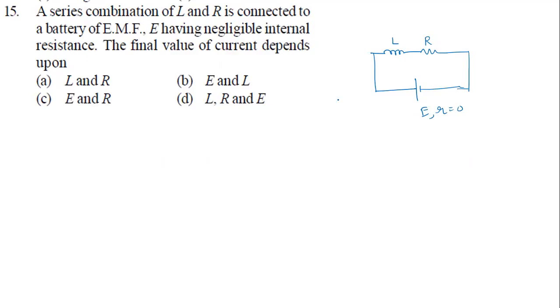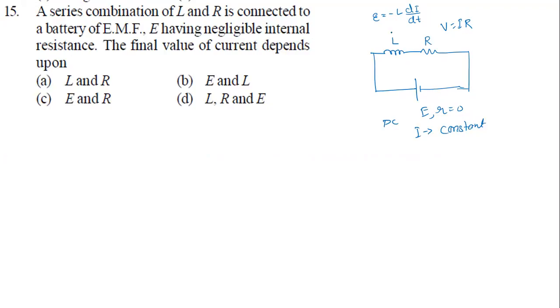Now, for EMF, the potential drop along the inductor we know is E equal to minus L into di by dt, and along the resistor E equal to I times R. Yes or no? These things we know. And what type of supply is connected here? DC supply. So the current remains constant, right?